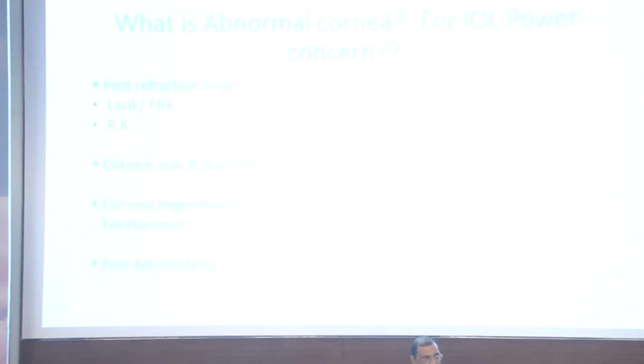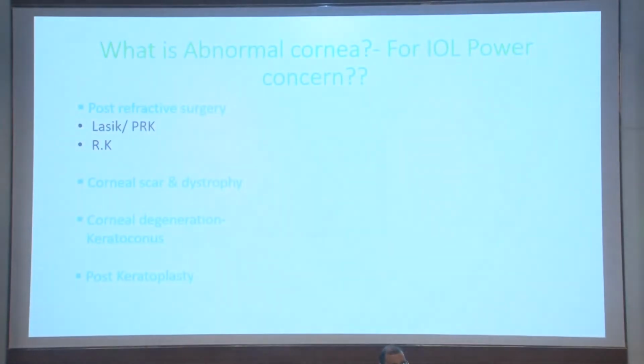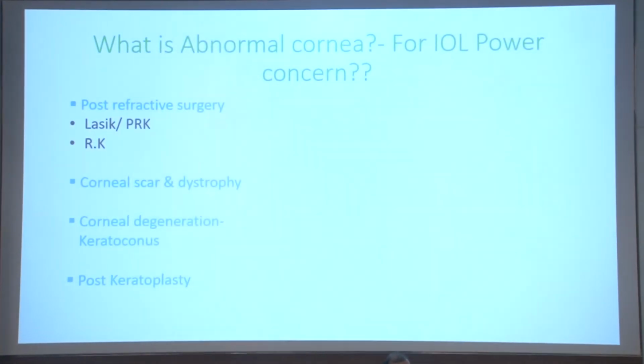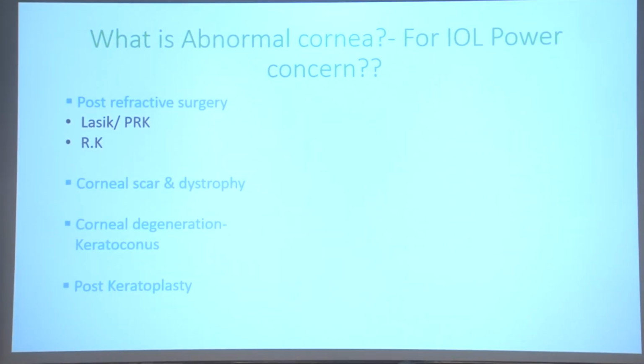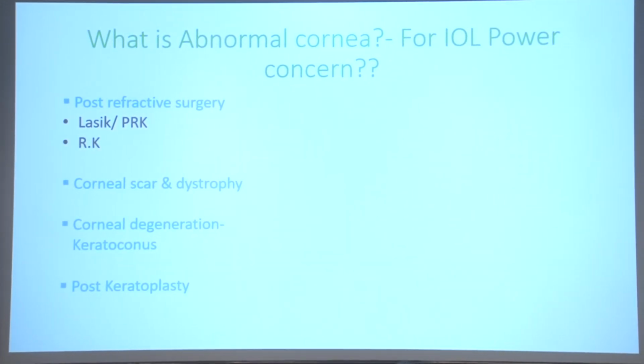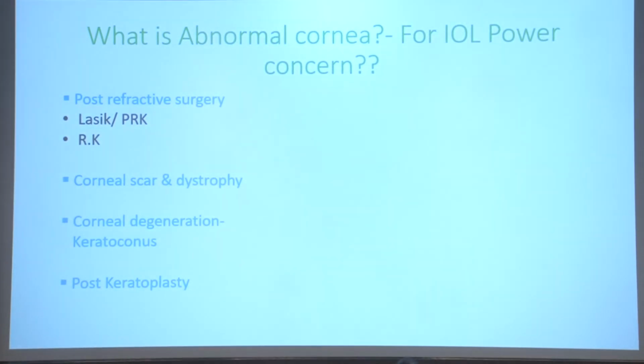So I'll just try, at the outset, to clarify what is an abnormal cornea, especially for IOL power concern, because I believe almost everyone sitting here has bent and bruised the cornea at one part of their life, or in one week of their practice, at least once or twice, or more if you are a refractive surgeon.